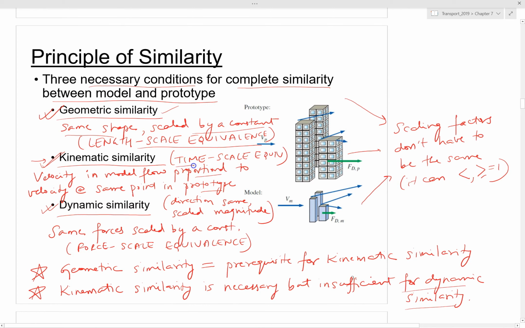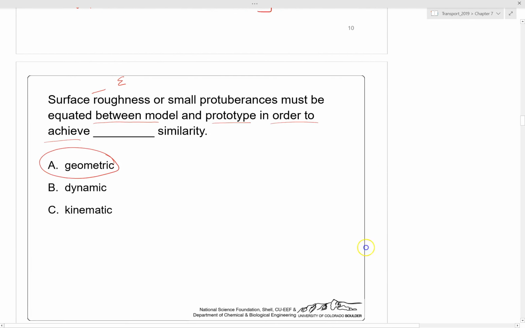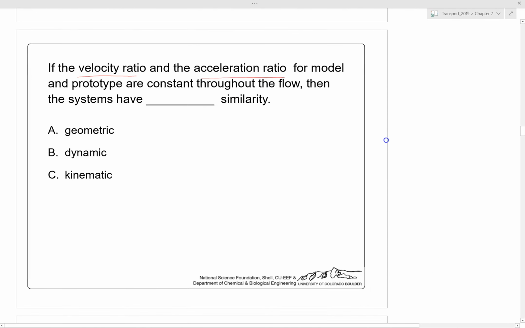Essentially you're looking at the temporal scale here, like at the same point in time you're looking at the parameters of velocity and acceleration. So they must have kinematic similarity.